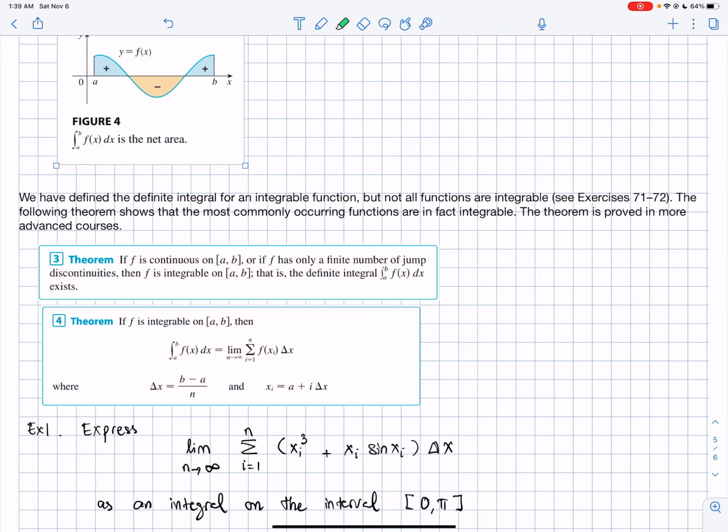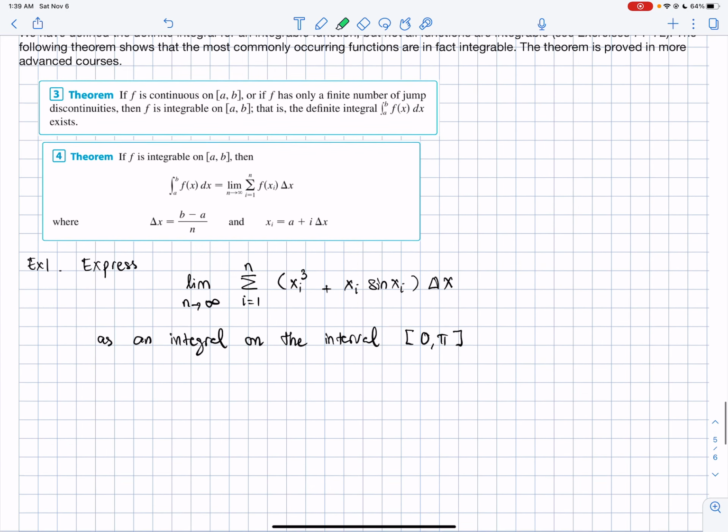The theorem is proved in more advanced courses. Theorem 3. If f is continuous on the closed interval [a, b], or if f has only a finite number of jump discontinuities, then f is integrable on [a, b], that is, the definite integral from a to b of the function f of x exists.